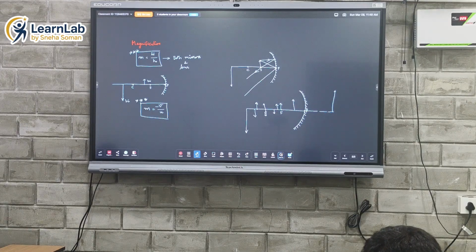If a 3-meter high bus is located at 6 meters from the mirror, use the mirror formula to determine the position and size of the image of the bus as seen in the mirror.